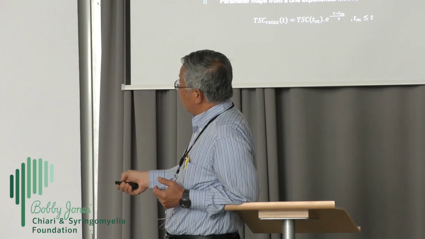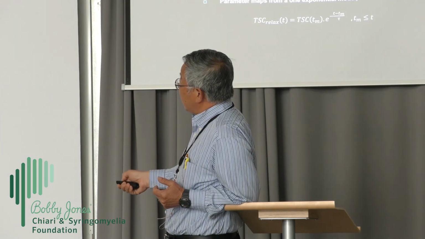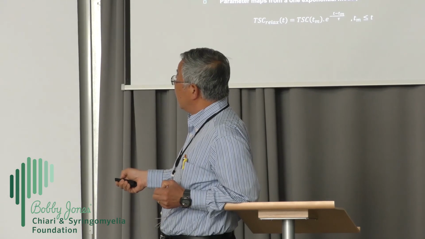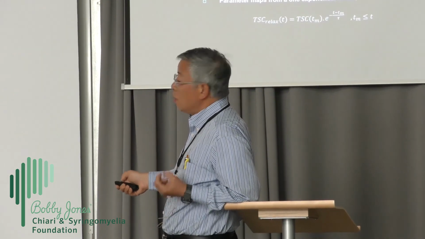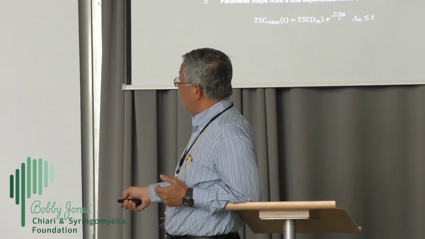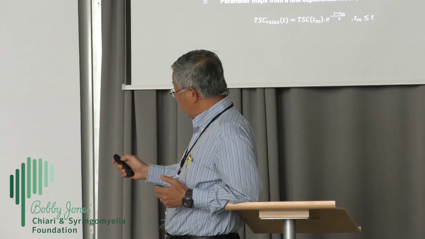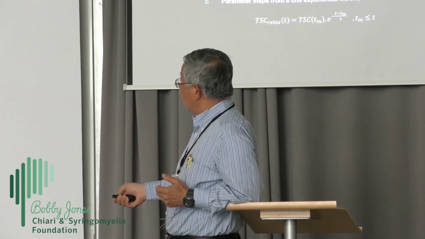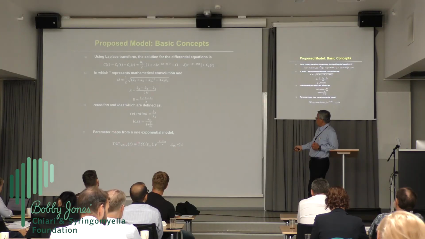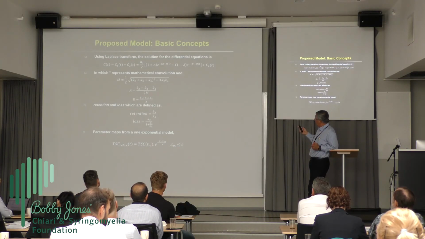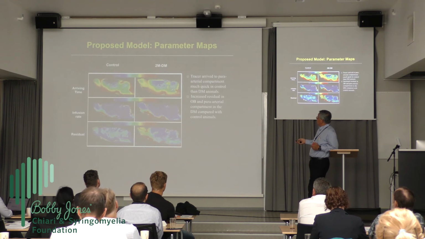Two parameters are very interesting. One is retention, which is basically the binding tracer. The other is a clean tracer. We also use this analysis to get one potential model with more parameters.